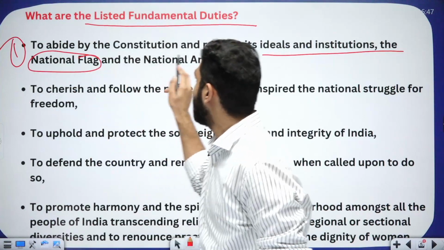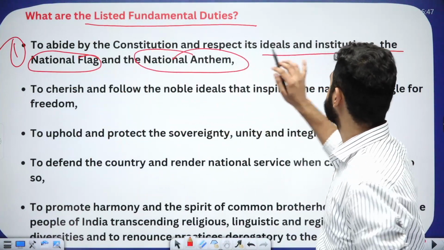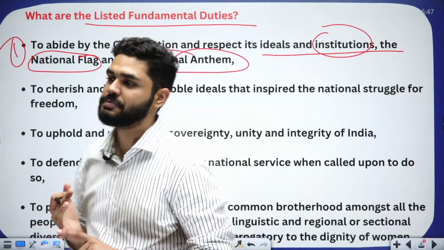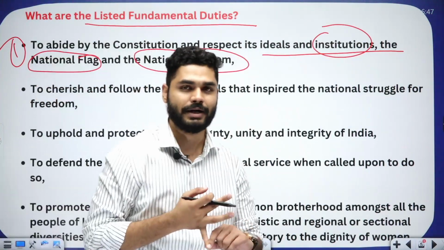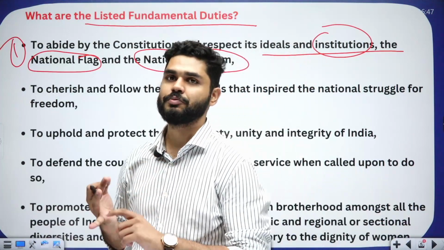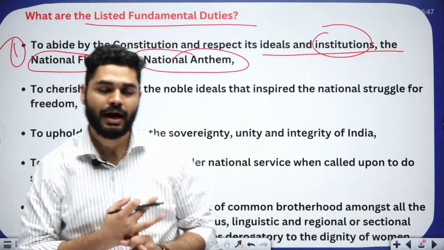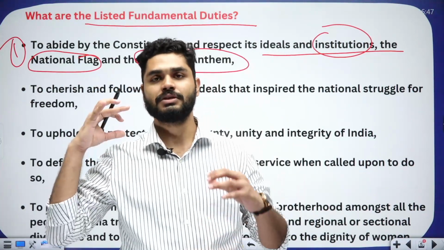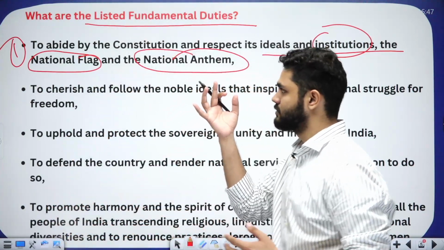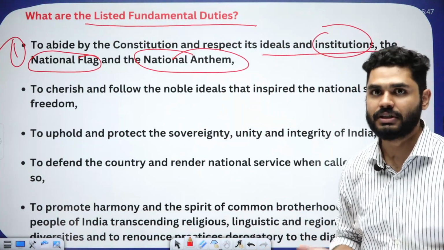The national flag, the national anthem, and all the institutions which are there. So you have to respect what has been written, abide by the Constitution and the institutions of India, be it the Supreme Court, High Court, Election Commission, and the idea on which this nation has been built, which is represented in the national flag and national anthem.